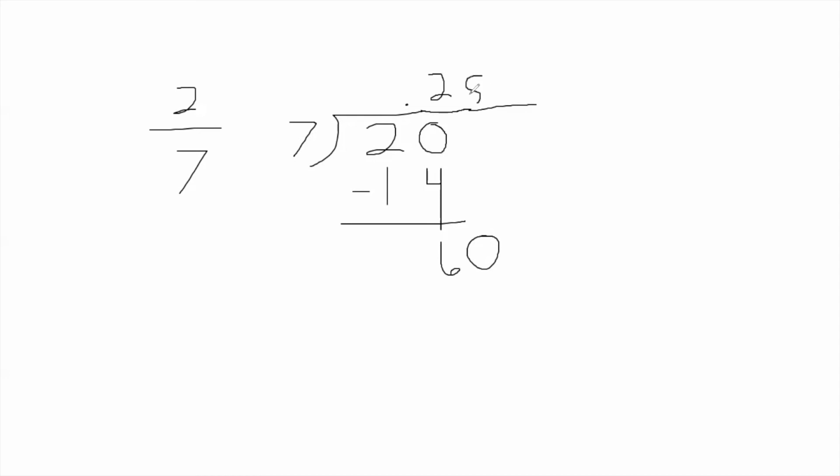So it's 8. And then 60 minus 56 is 4. And then you go on and on and on. But you guys have to remember how to do these, because once you go back to school, you're going to have to start showing your work again. And you can't forget how to do this.